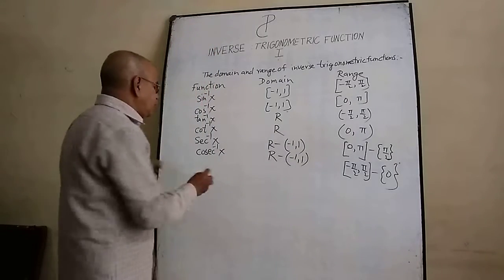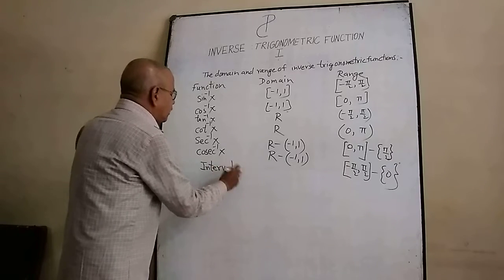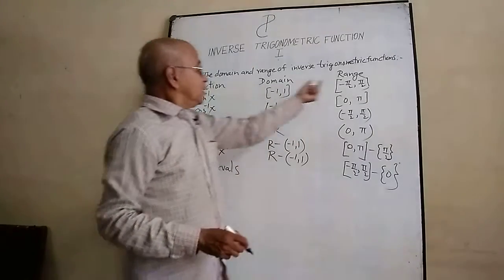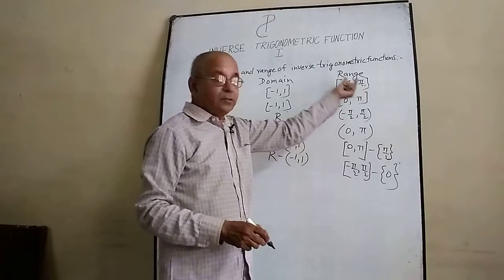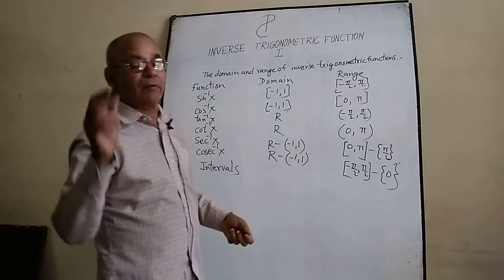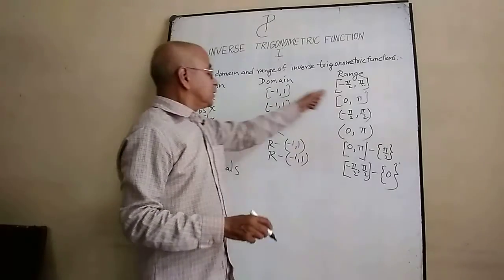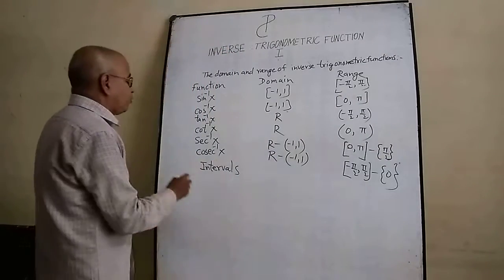Here the intervals I can say briefly, because this interval is very important. Here in sine, closed interval minus pi by 2 to pi by 2 means both minus pi by 2 and pi by 2 values we include. Similarly, in cos inverse x, this is closed interval 0 to pi. So these intervals are very important.